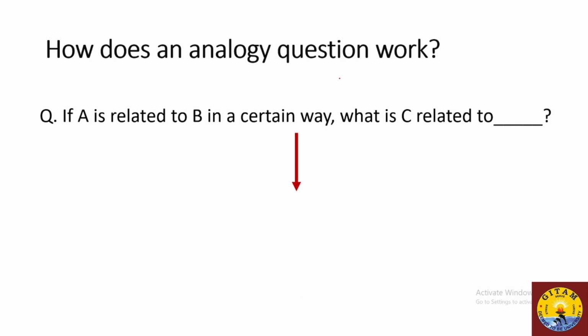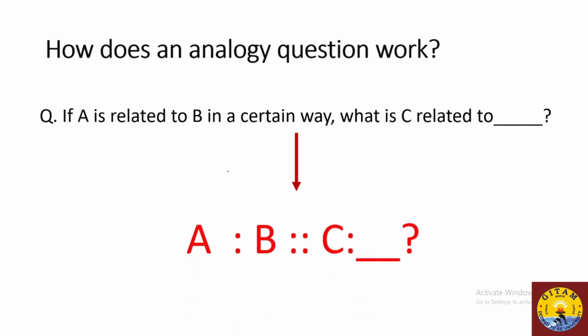So this is how the question looks. If it is put in a normal written language, it might look like this. If A is related to B in a certain way, what is C related to? Now let me show you how analogy language works.